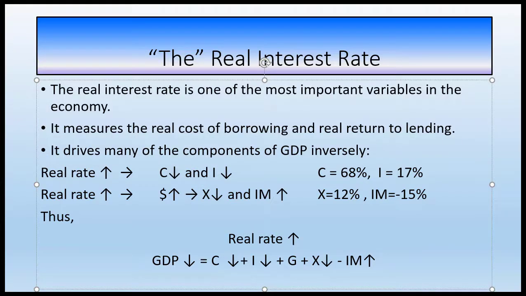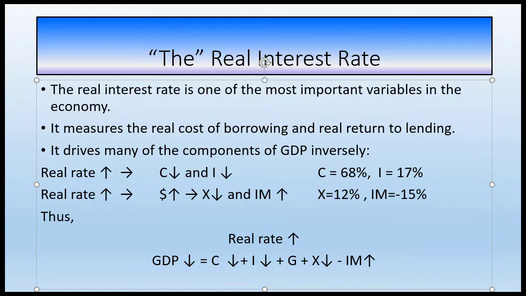And if the value of the dollar goes up, we tend to import more because from our perspective as Americans, it's now cheaper to buy foreign goods. And our exports drop because from foreigners' perspectives, buying our goods becomes more expensive with a higher dollar. Now, exports and imports total on an absolute value basis almost 30%, so that's important.